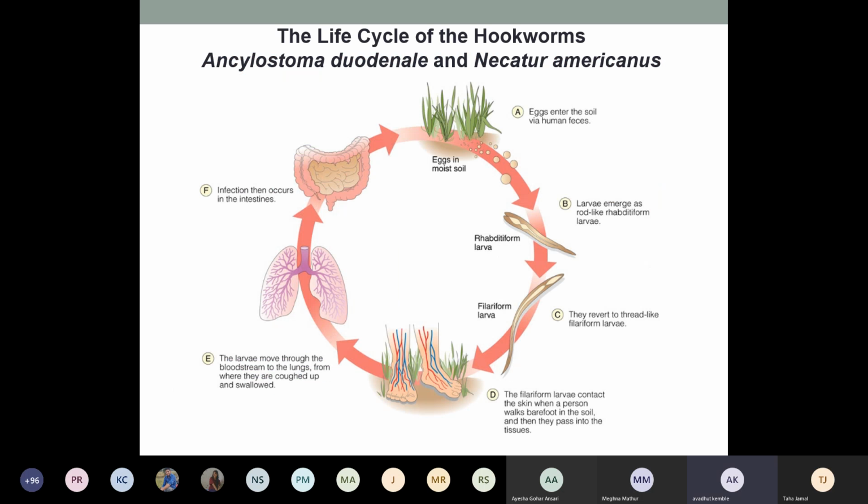This is a typical life cycle of a hookworm or Ancylostoma duodenale, from human to various filters like lung, liver, intestine, and environment.